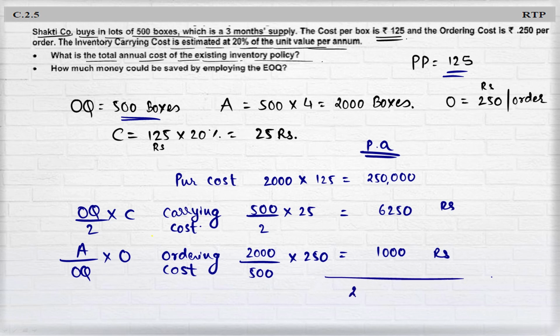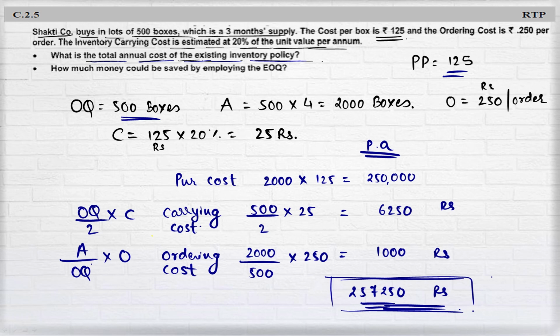It will be 2,57,200. Please concentrate as a student. You should answer what is asked. You should not answer what you know. What is asked in the question? What is the total annual cost of the existing inventory policy? My answer is correct.